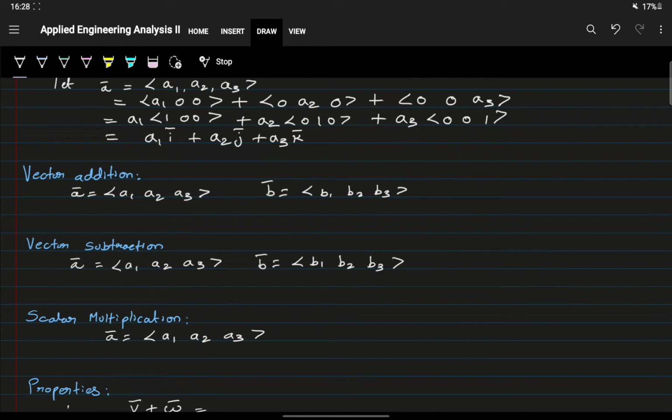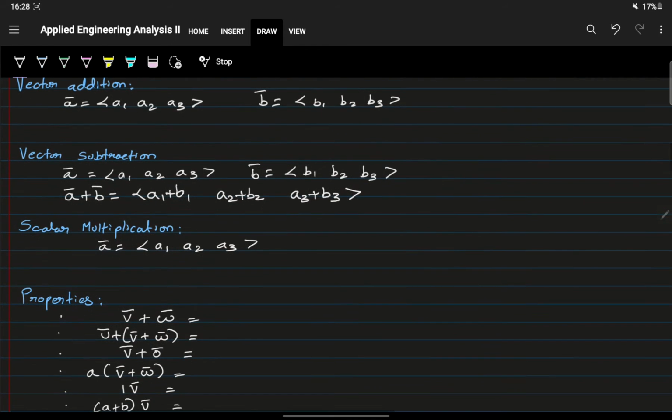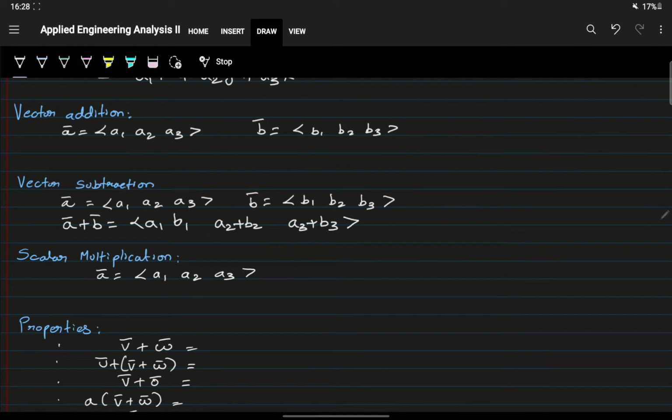Now, vector addition. Let us consider there are two vectors A and B. Now, the vector addition is provided by this. Similarly for addition, a1 plus b1, and so on.